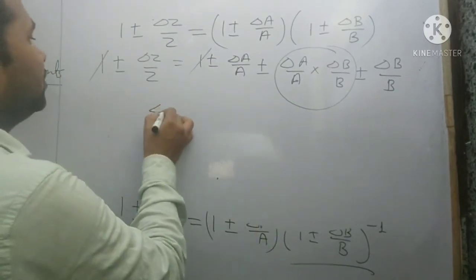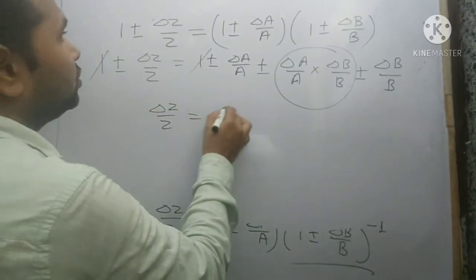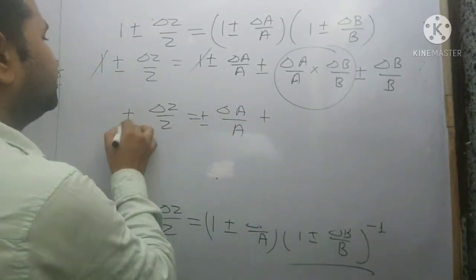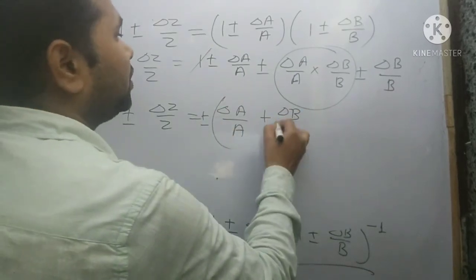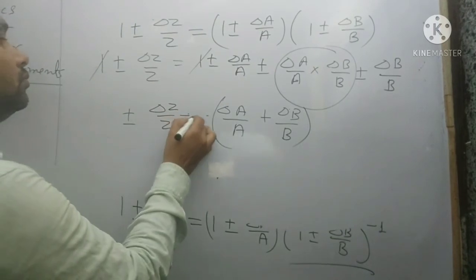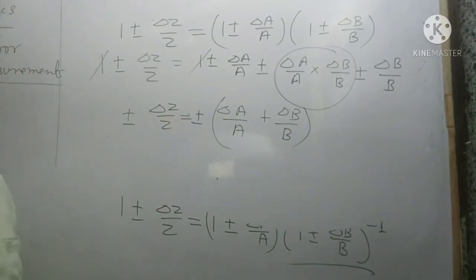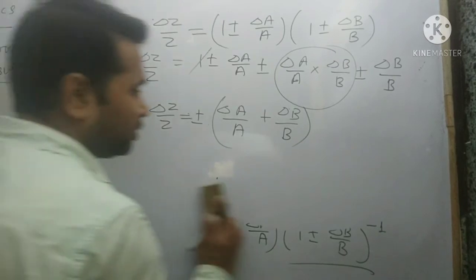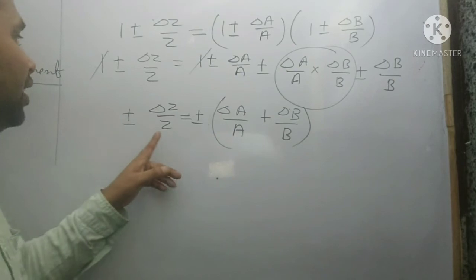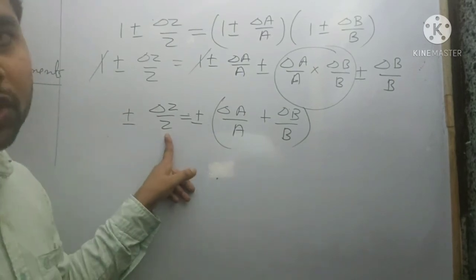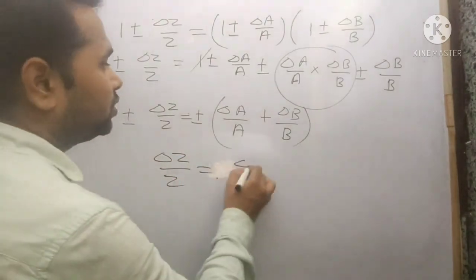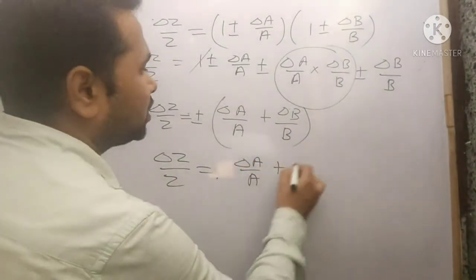So finally we have delta z by z equals delta a by a plus minus delta b by b, plus minus. So again, by taking the maximum possible fractional error in the division of two quantities, or the quotient of a division, delta z by z equals delta a by a plus delta b by b.